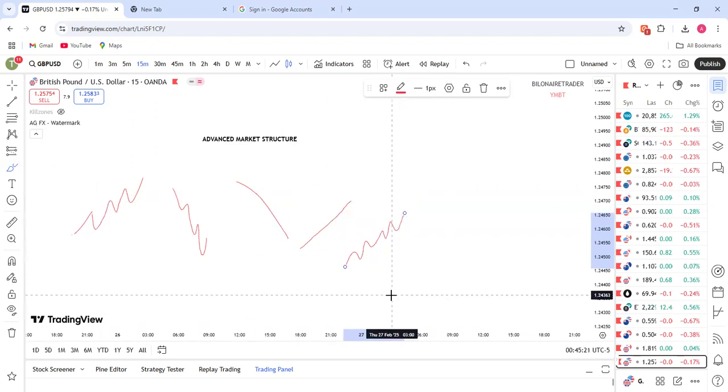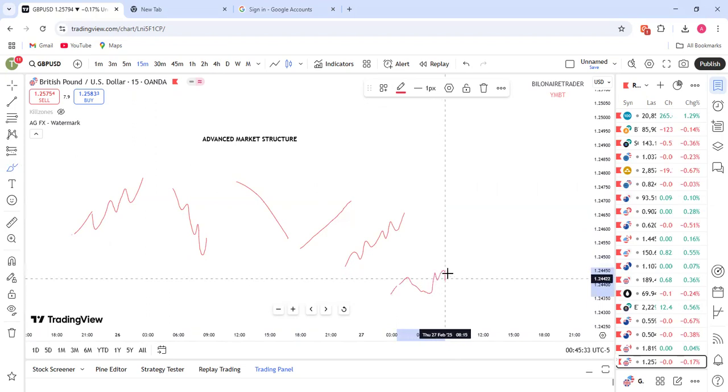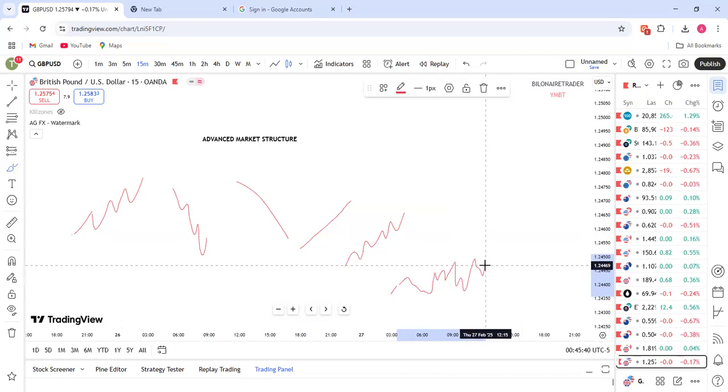You will see something like this, a high, low, and then you see something like this, then something like this, like this, like this. You know, the market will just give a lot of variables here and there.